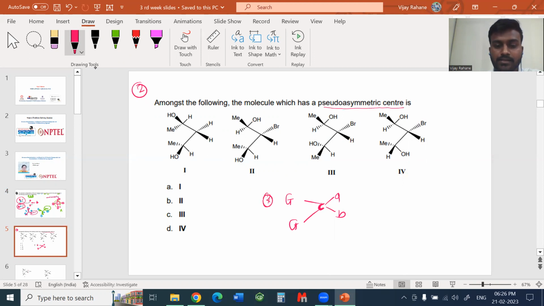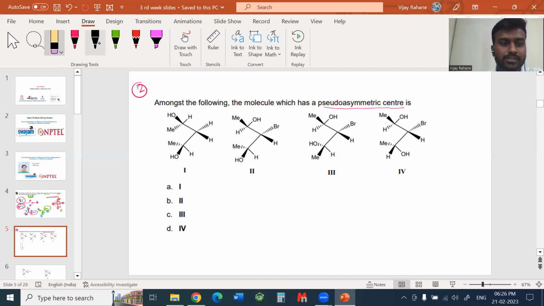If one is R, then the second will have the S configuration. Or if one side has the S configuration, then the second side should have the R configuration. If that is so, then it is a pseudo asymmetric center. This will be the condition for a pseudo asymmetric center, right?